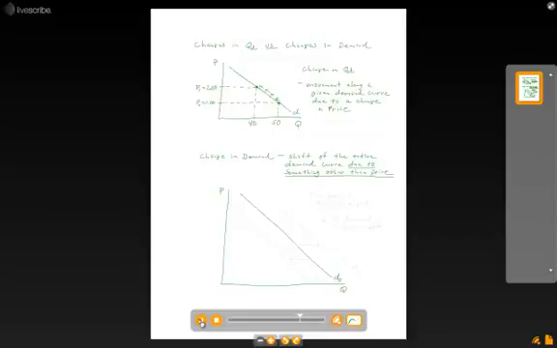If I make the statement that we have had an increase in demand, that means the entire demand curve has had a shift to the right. So regardless of what the price is, the quantity demanded is going to be higher. So the way you would show this in your model is to go in and take your demand curve and shift it parallel out and to the right to, let's say, D1. So that would be an increase in demand.